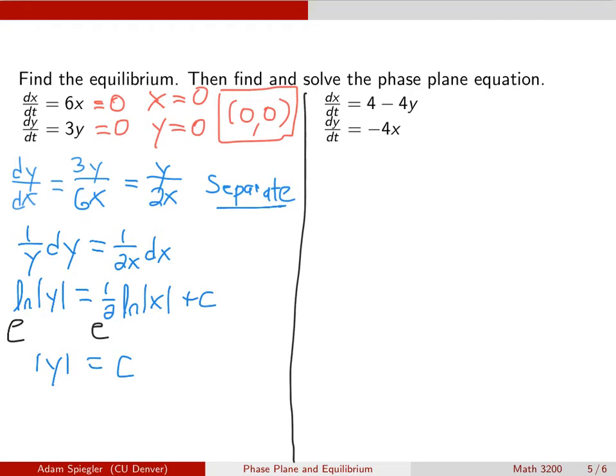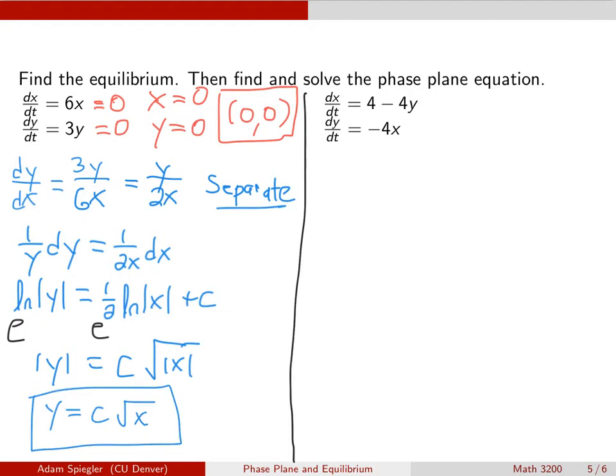In other words, the square root of the absolute value of x, multiplied by e to the c, which is just some other arbitrary constant c. Here we don't need any of the absolute values. We get y is equal to c times the square root of x as our solution.